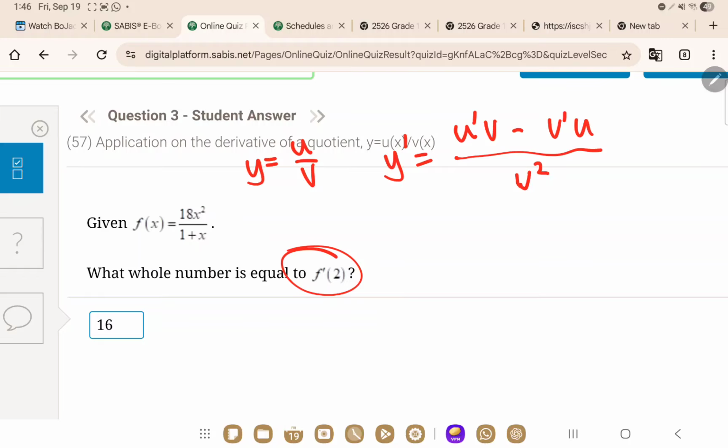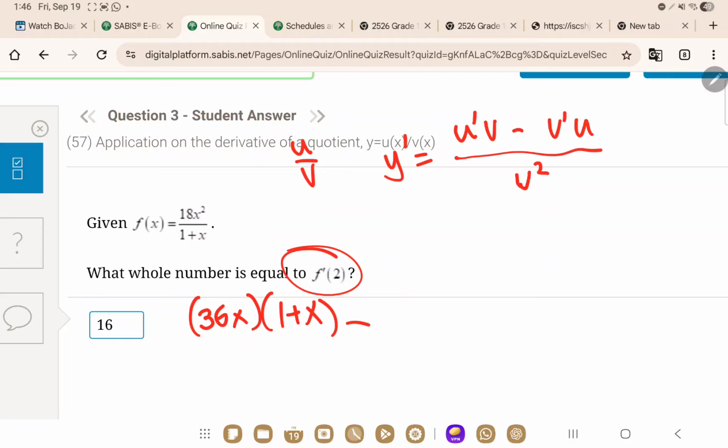Anyways, let's start. So it's 18x squared. We need to derive. So u prime is 18 times 2, which is 36x, times v, which is 1 plus x, minus v prime, which is the derivative of 1 plus x.